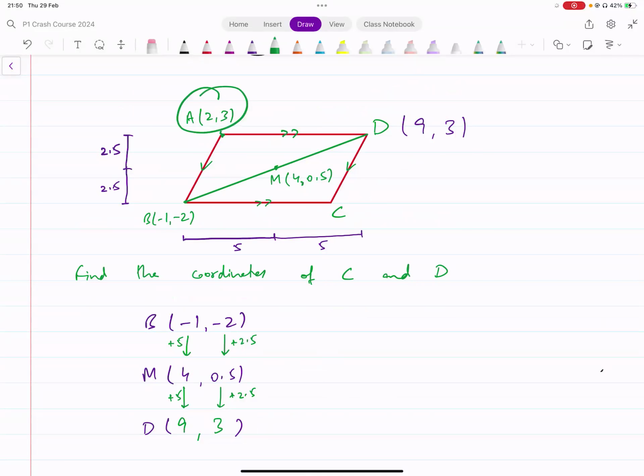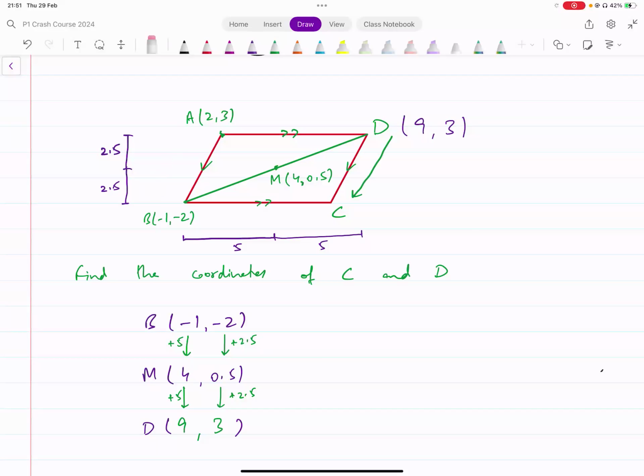You know the point A and you know the point B. And now you know the point D as well, right? What you can do is you can say the number of units that you have to go to go from A to B in X and Y directions, you will do the same thing to go from D to C and you will reach the point C.